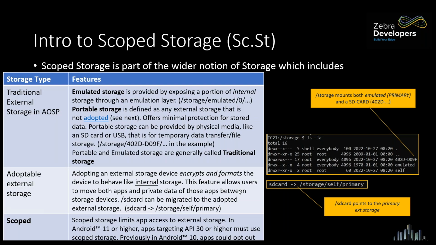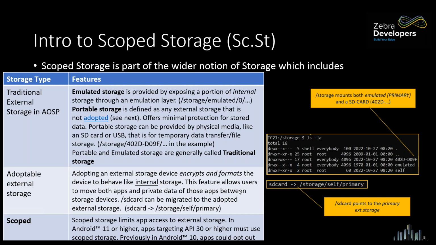I'd like to elaborate a bit deeper on the scope storage, just taking a look at the types that are typically used when building a device. So we have a traditional external storage that can encompass both the emulated and the portable storage.